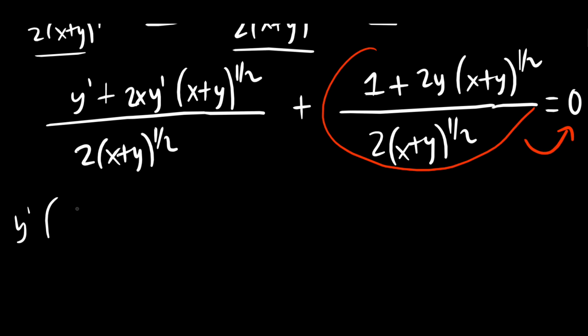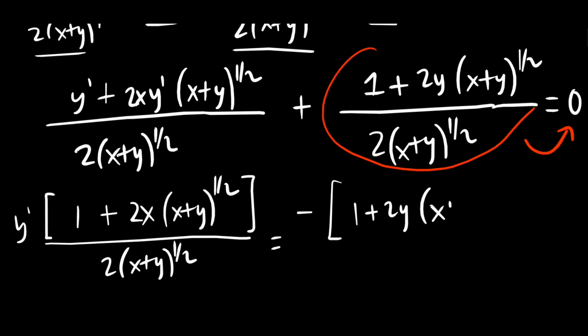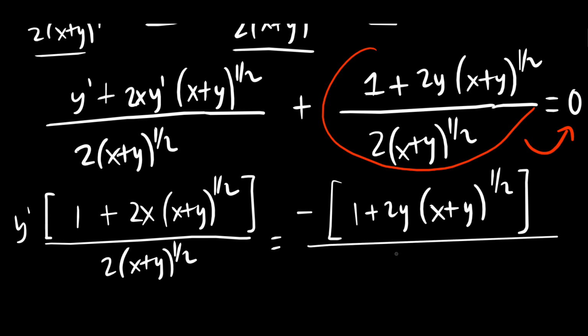So y prime multiplied by 1 plus 2x, in brackets, 2x multiplied by x plus y raised to the power of 1 half, all over 2 multiplied by x plus y raised to the power of 1 half, is equal to negative 1 plus 2y times x plus y raised to the power of 1 half, all over 2 multiplied by x plus y raised to the power of 1 half.